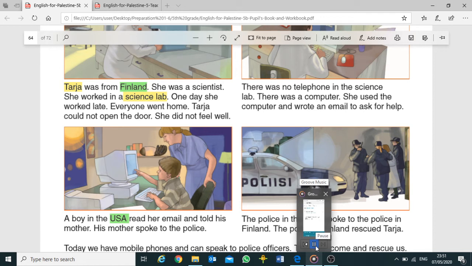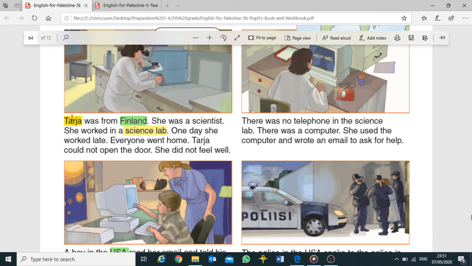2. Who could not get out of the science lab? Who? بسأل عن شخص. مين ما كان قادر يطلع من الساينس لاب؟ The boy? His mother? البوليس ولا Tarja? Tarja. Very good.